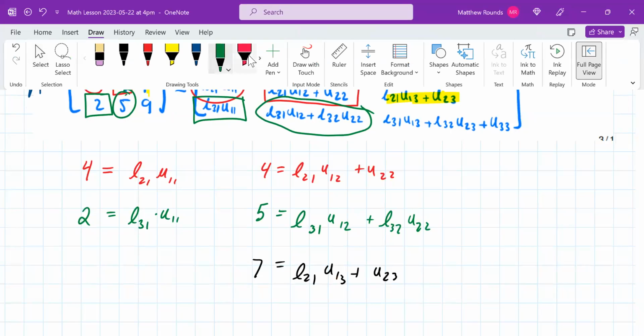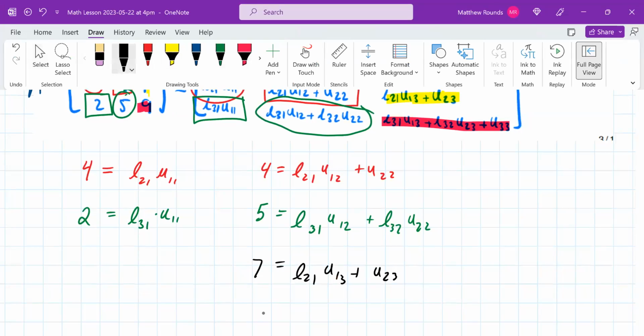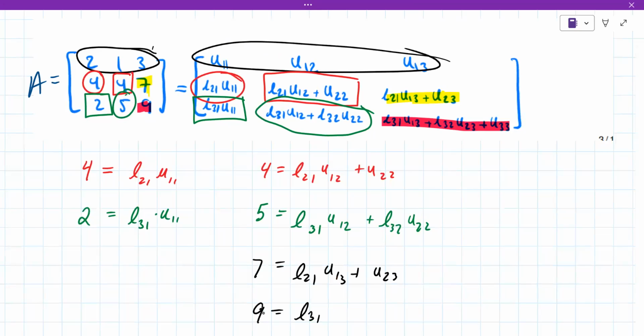And then let's do the red one. So this 9 equals all this over here. So you have 9 equals L31 U13 plus L32 U23 plus U33. Okay. Is that okay? Yes.